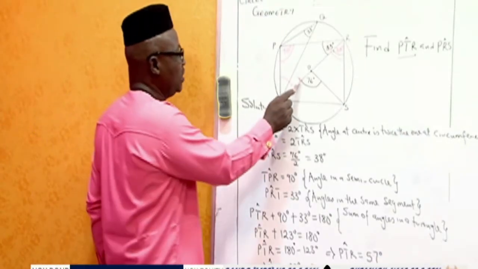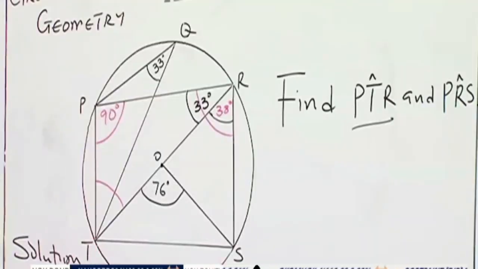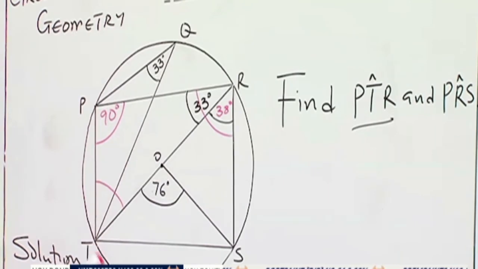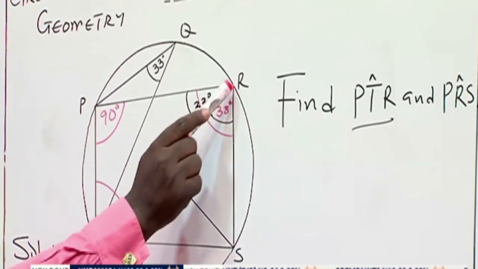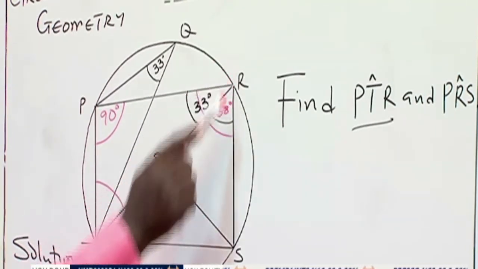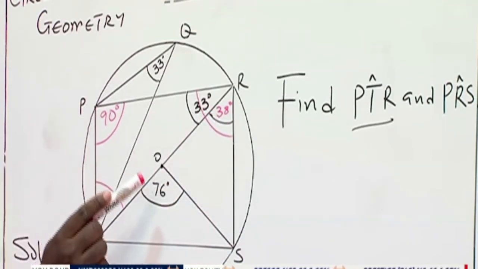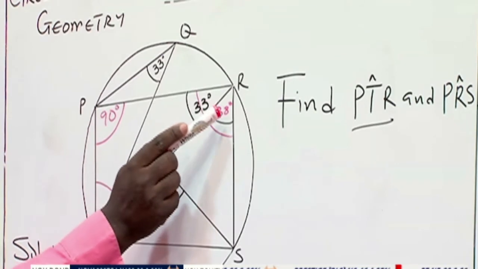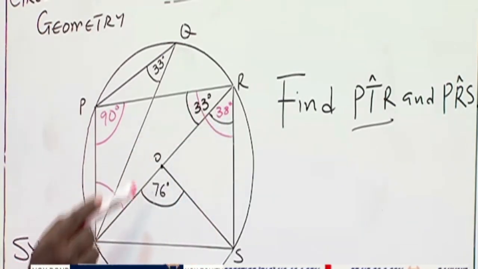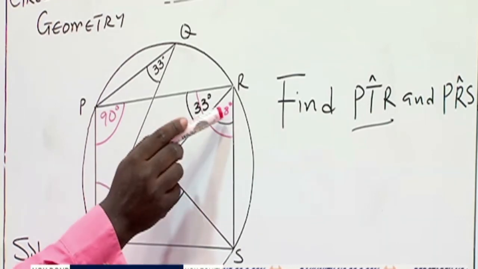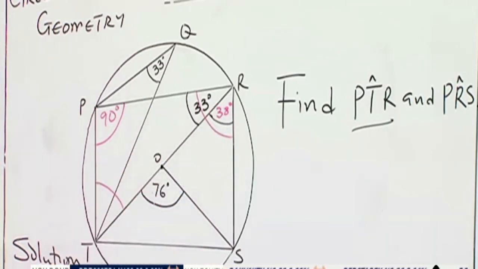If you look at angle 76, arc TS subtends it at the center. The same arc TS subtends this particular angle TRS at the circumference. Based on our theorem, 76 is going to be twice 38. That is actually why we have 38 here, because 38 is half of 76.